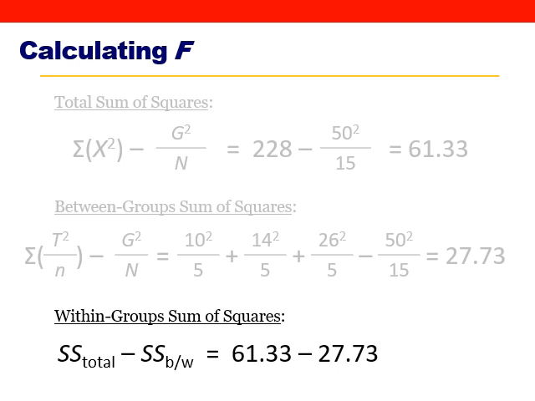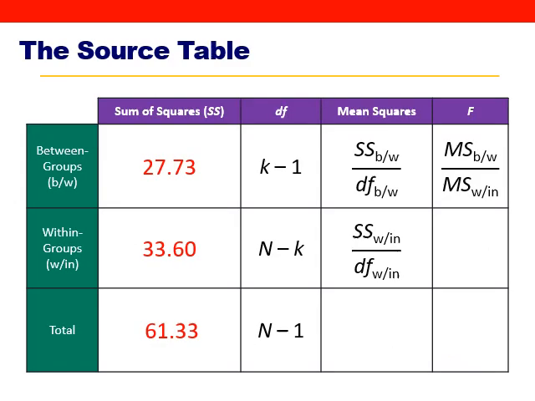So when we subtract that out, we find that our within group sum of squares is 33.6. We can put that in our source table as well. So if we add from top to bottom, 27.73 plus 33.6 equals 61.33.